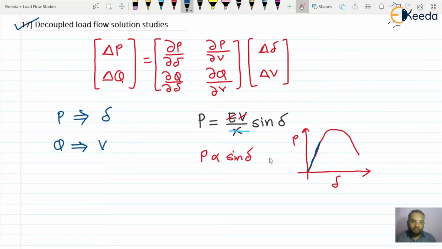So the phase angle has a smaller value, and we know that if the angle is small, sine delta becomes delta. So we are operating the power system at lower angles, from the stability concern. From this I can say that the real power is dependent on the phase angle and less dependent on the voltage.